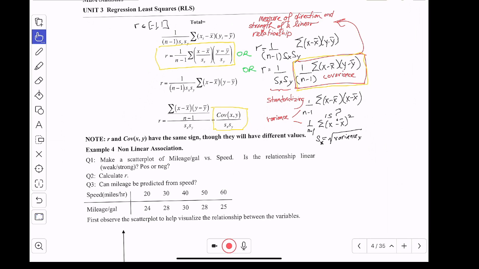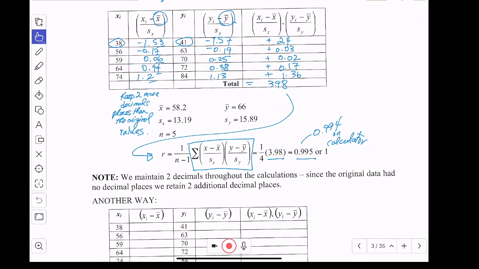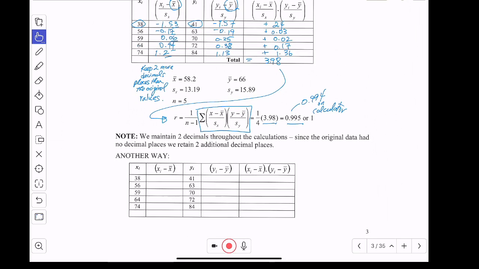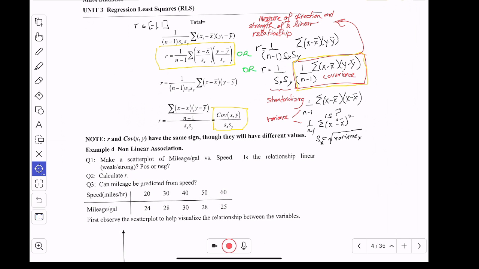another couple of examples. So I'm going to leave for you, if you want to do it or not, for practice. Fill in these tables, get familiar with doing it this way. Also, I give you another data set to prove to you that this relationship, even though it is, notice we're going to plot mileage as Y and speed as X, that as X goes up, Y goes up and then down.